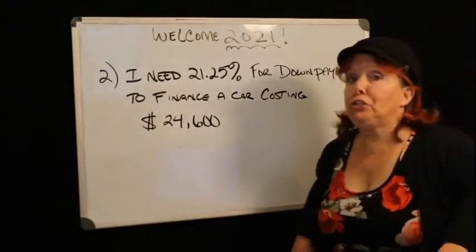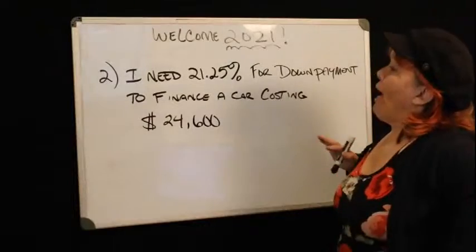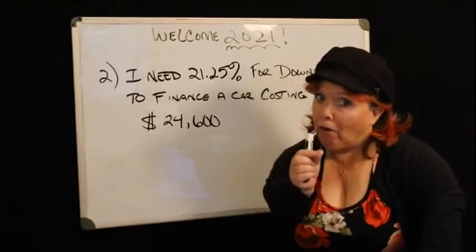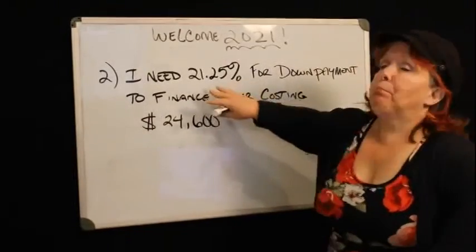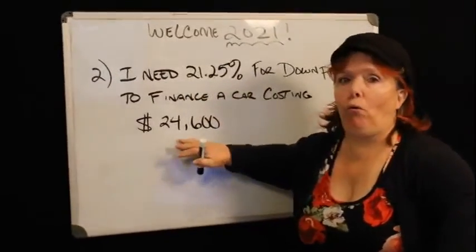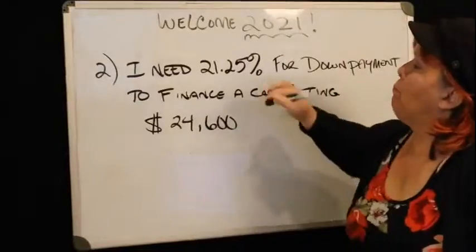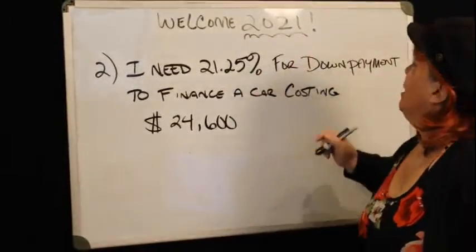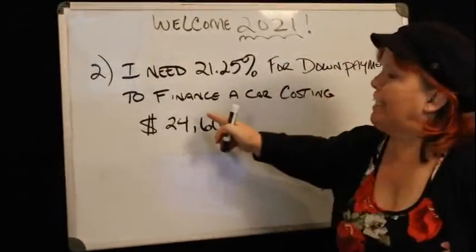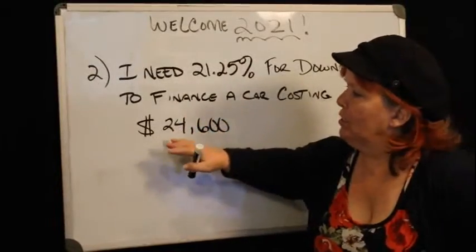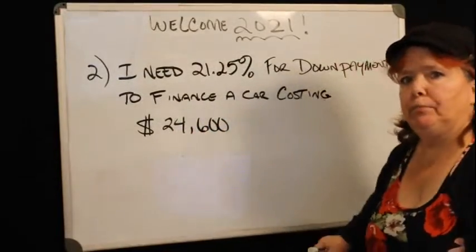Okay, number 2. I need to find the part. I have the percent and I have the whole. So I need 21.25% for a down payment to finance a car costing $24,600.